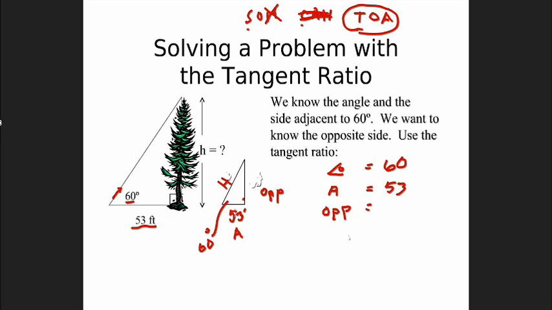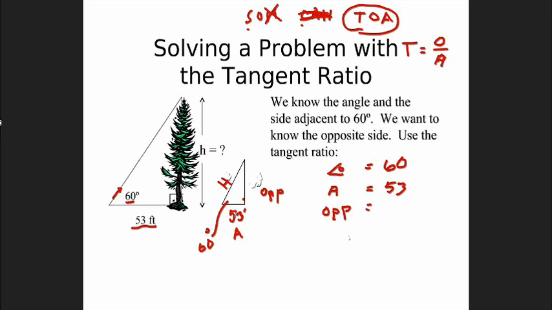And we know if we write it out, tangent, I'm just going to put T for now, only because this is getting too busy. Tangent is equal to the opposite over the adjacent. Okay, now we know the adjacent and we know the angle, but we don't know the opposite.